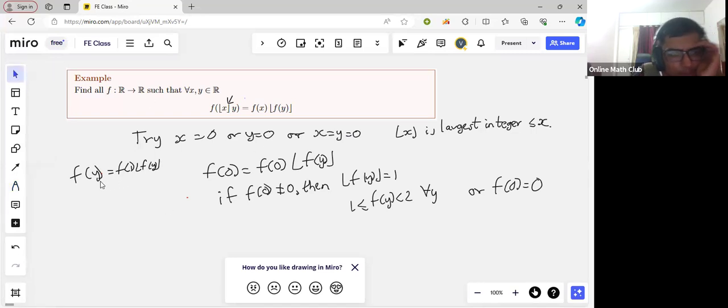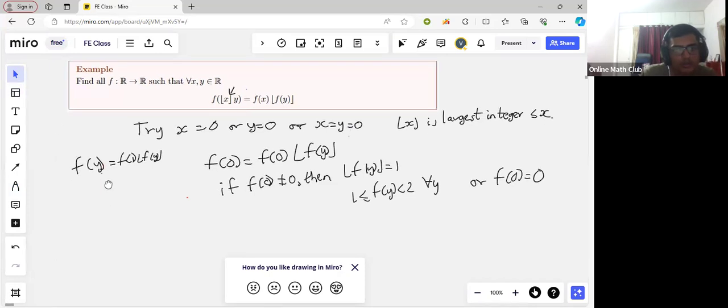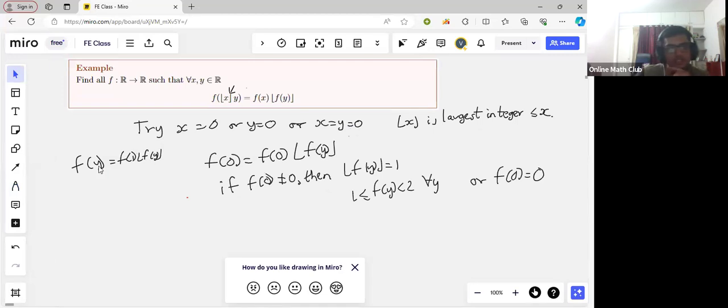But this doesn't seem to be giving some information directly, right? One thing we can do over here is we could try making y equal to 1 so that this stuff gets cancelled again. But another thing we can try is putting y equal to 0.